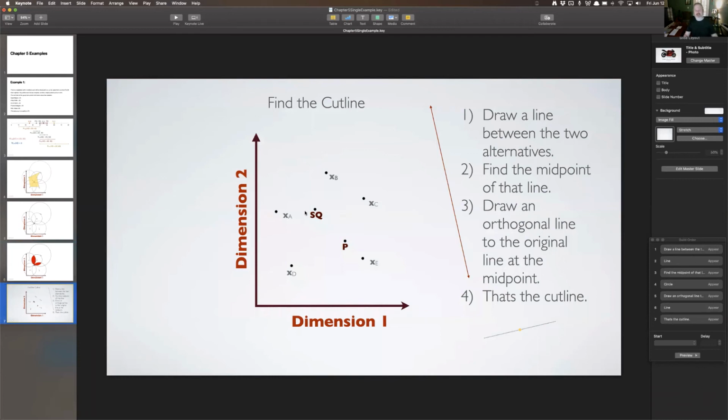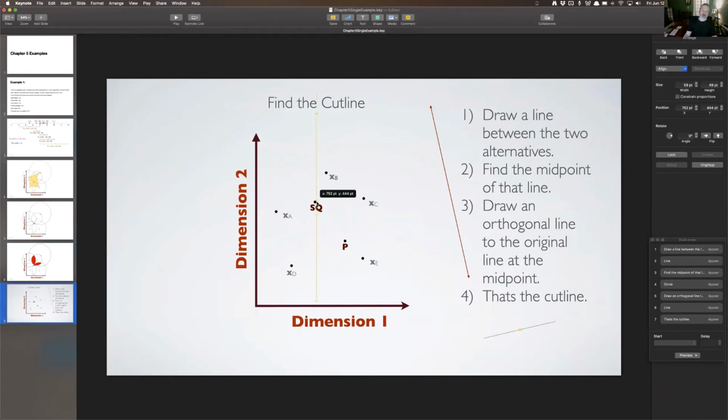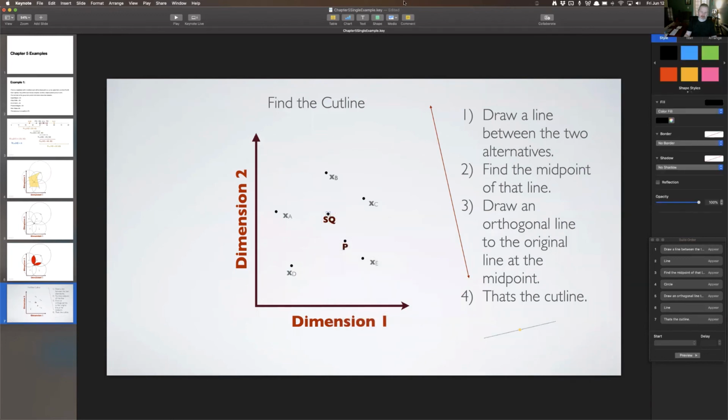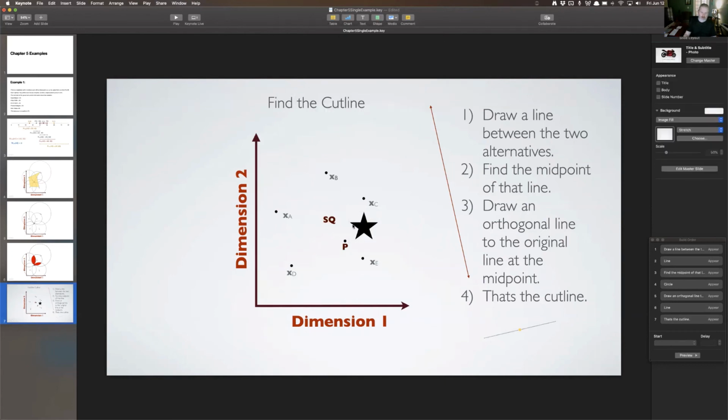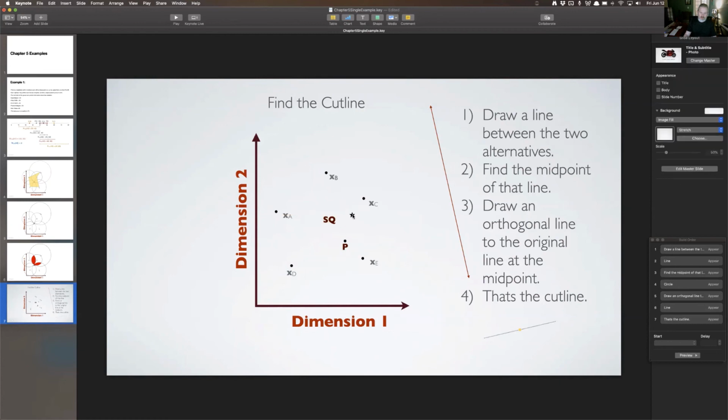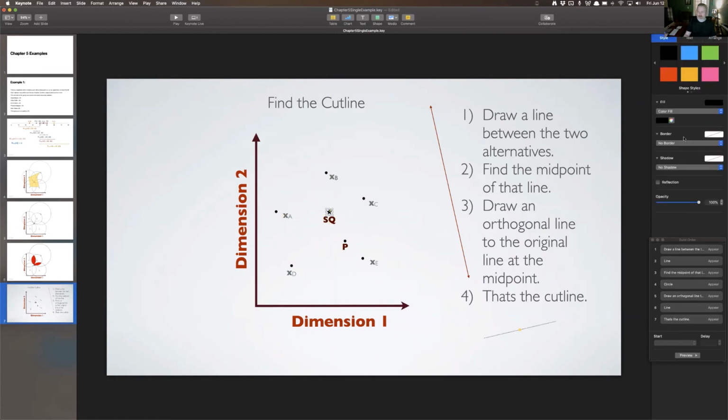So here is a little example. Let me move the status quo and change its symbol so we'll know what it is. I'm going to make it a star, and then I'm just going to change its color so it matches.